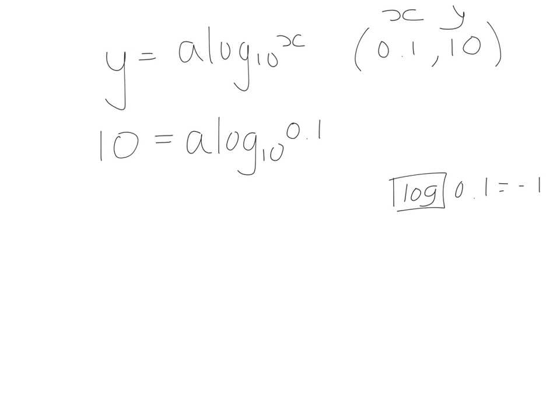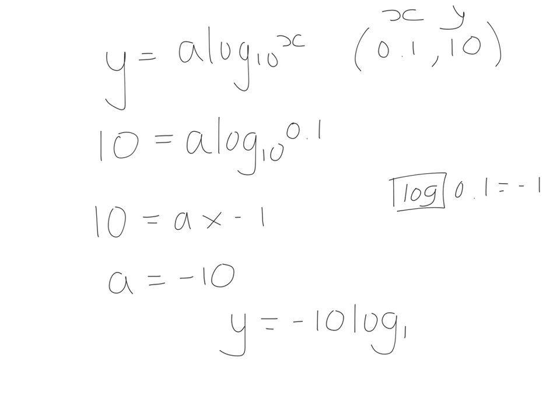So we have 10 is equal to a times minus 1, so a must be equal to negative 10. So finally our equation is y is equal to minus 10 log to the base 10 of x. And that concludes the video on logarithmic functions.